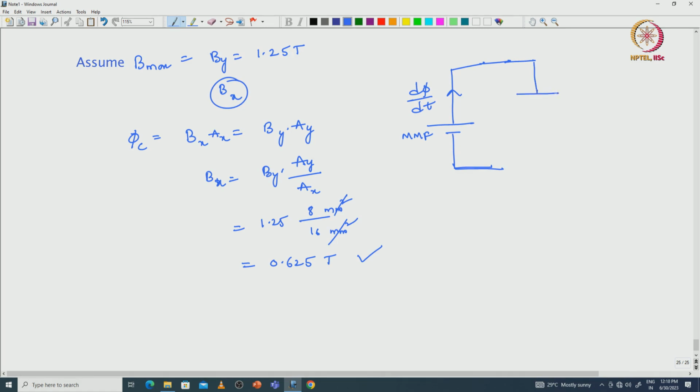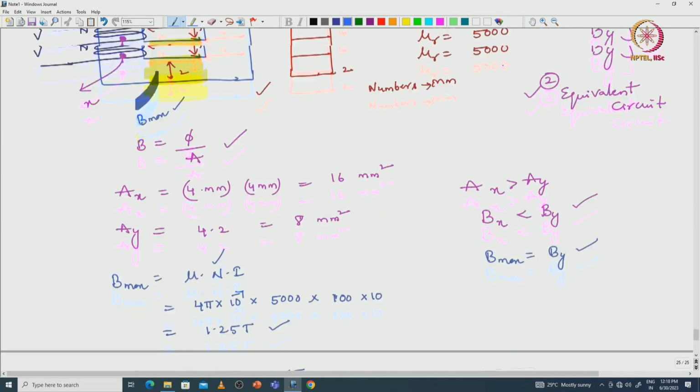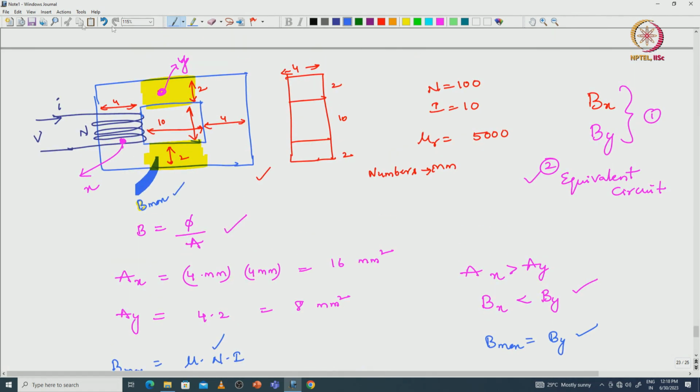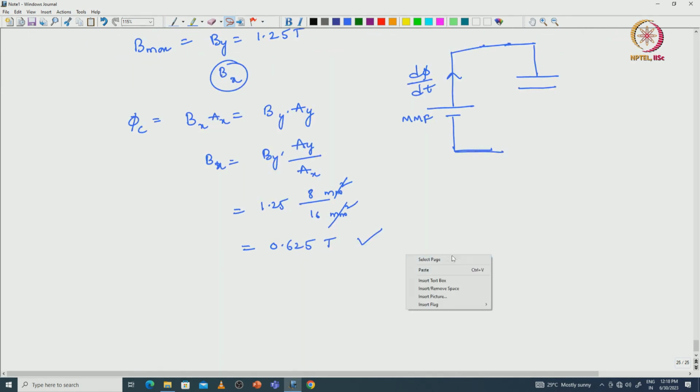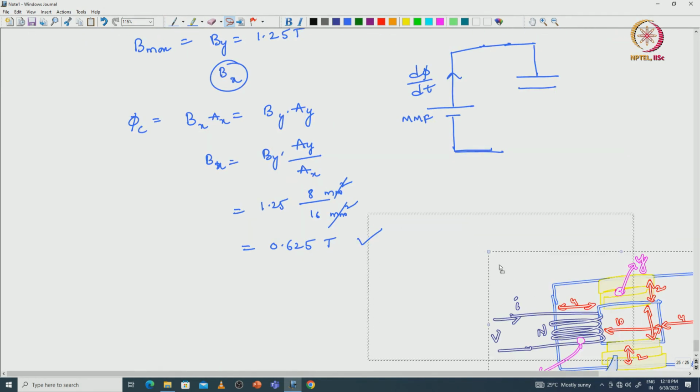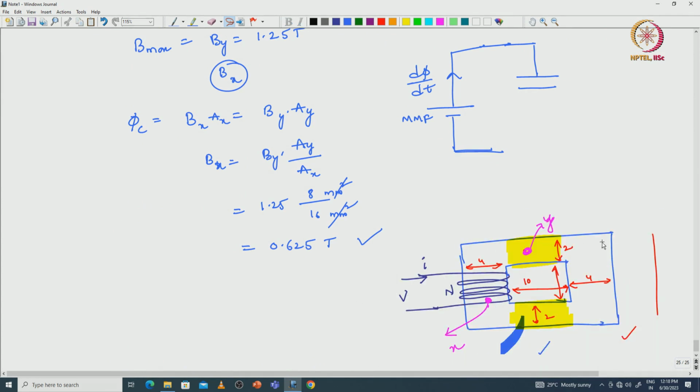I will copy this image for easy understanding. Here, if we see, the cross sectional area of the y region is different from that of the x region.